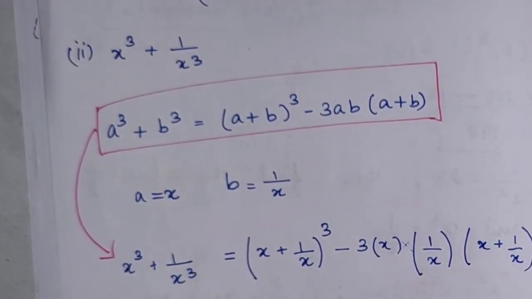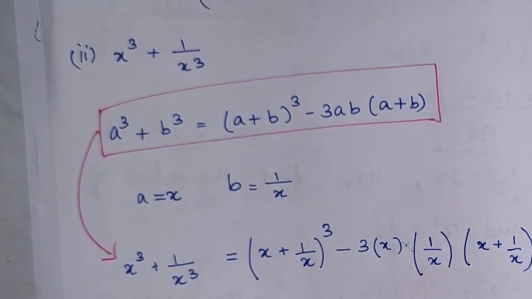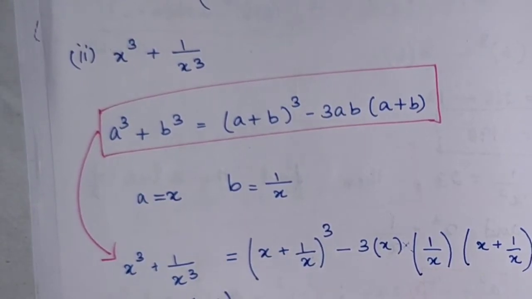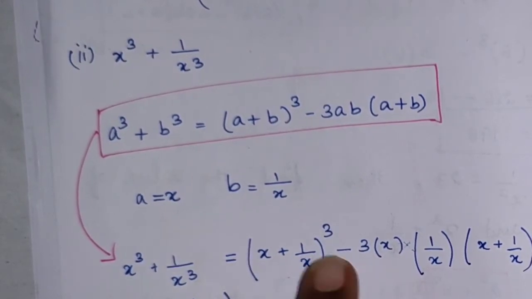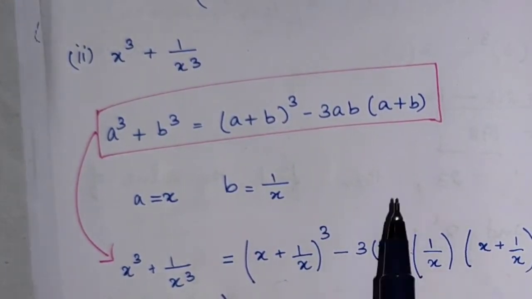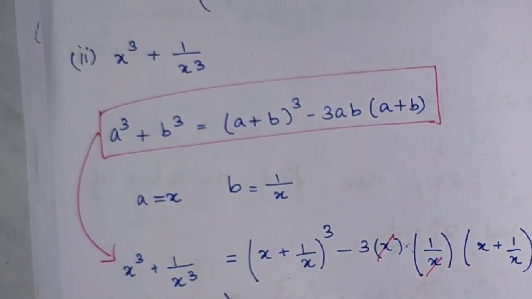So here I am going to take where x plus 1 by x is equal to plus 5. Therefore, in the place of x plus 1 by x whole cube, substitute plus 5 cube, minus, this x and x will get cancelled, minus 3 into x plus 1 by x is equal to plus 5.